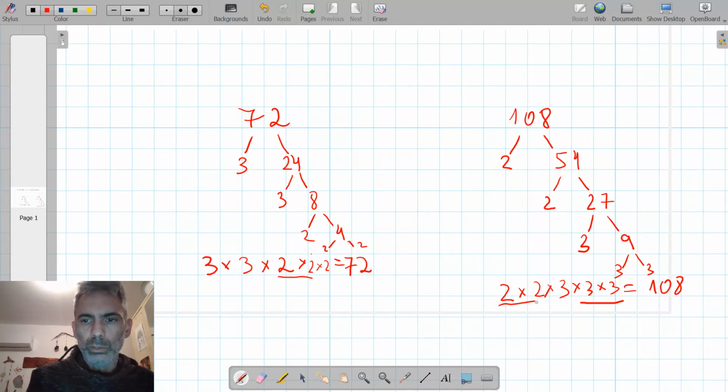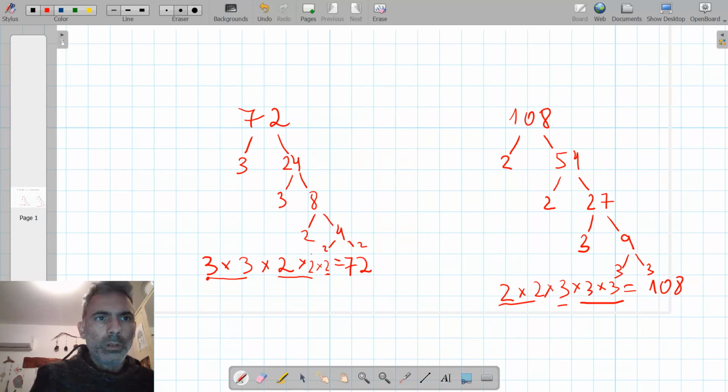So 2 times 2 is 4 times 3 times 3 is 9. 4 times 9 is 36. And here as well we have 36. And that's it, right? Because what is left here is the 2, and what is left here is the 3.